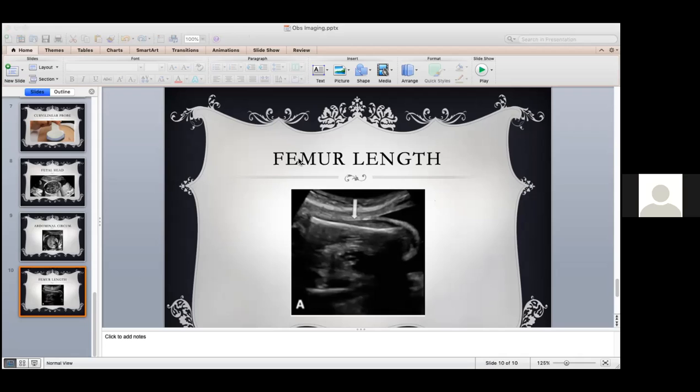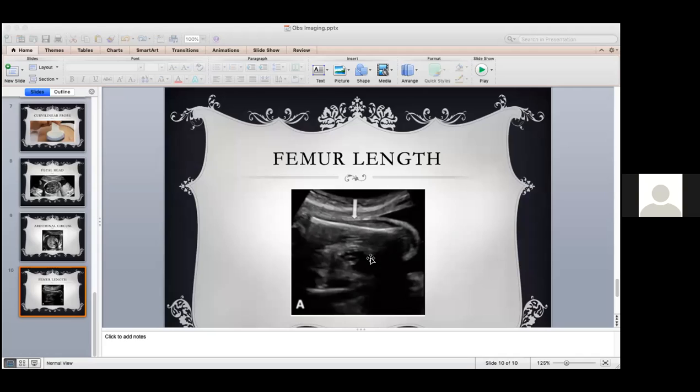You said from which particular anatomical site to which particular anatomical site? So we take the entire length of the femur. When you're imaging, you'll see the femur from one end to the other. So you take the entire length.